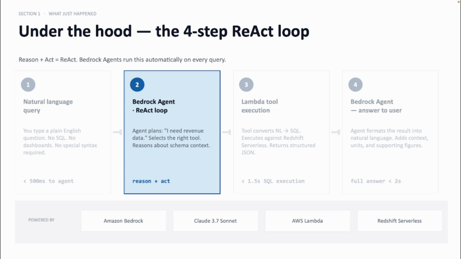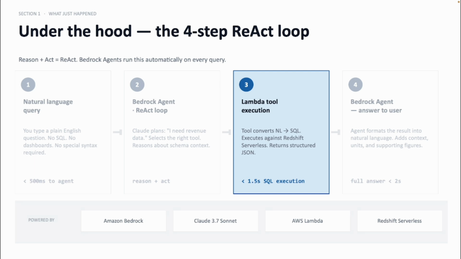Bedrock agent listens and understands what the question is about, and then it invokes the right tool. It has a bunch of tools, and in this scenario, the tool is a Lambda execution tool, which basically converts an SQL query and connects to your data warehousing product and gets you that answer.